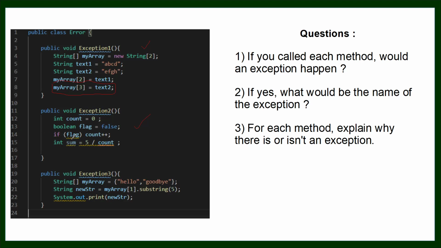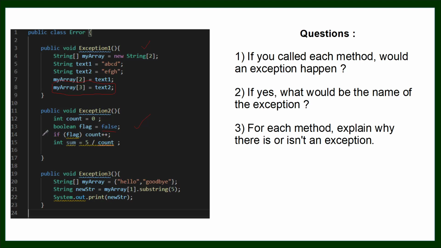In line 14, we created an if statement that is on one line. So if it's on one line, you don't need to include the curly brackets. So we're saying if that flag is true, I want you to increase count by 1. But we've declared that flag value is false.